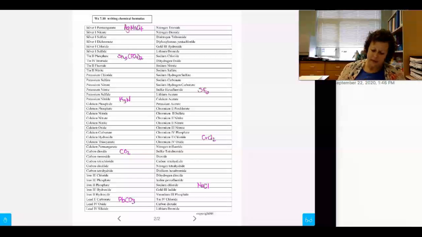And let's do one more, dinitrogen tribromide. So 2 nitrogen, N2, Br3. All right, pause the video, and when you come back, you'll see the answers.